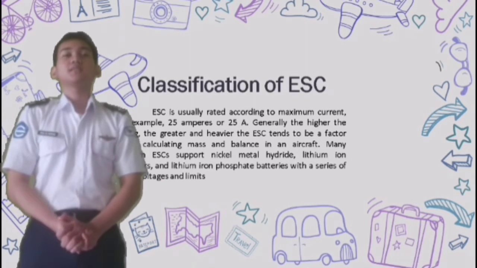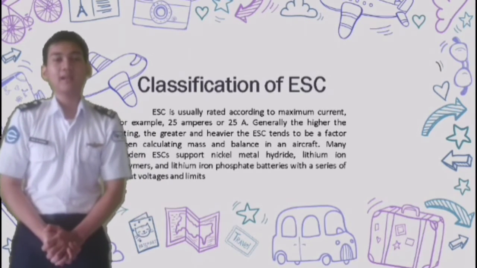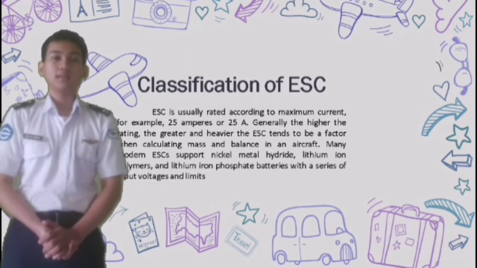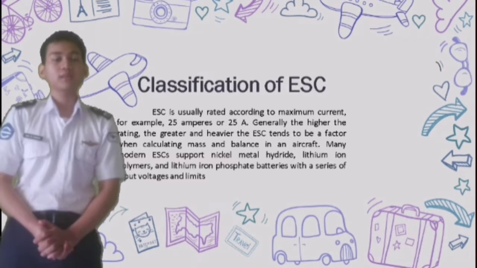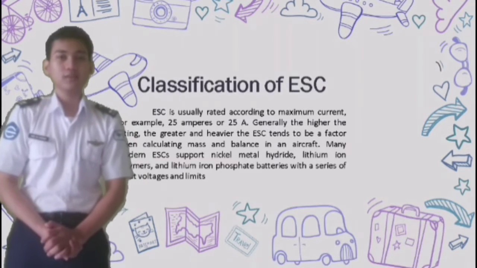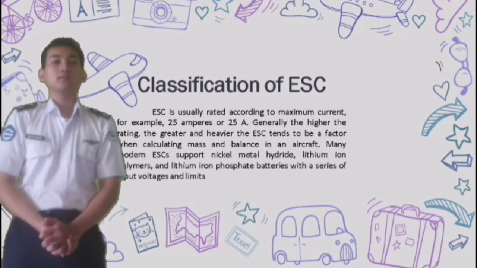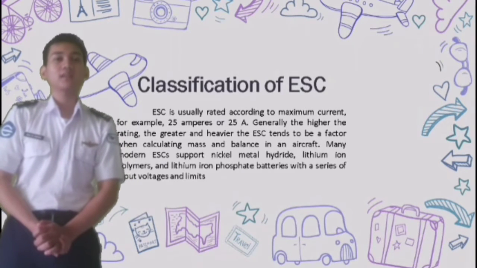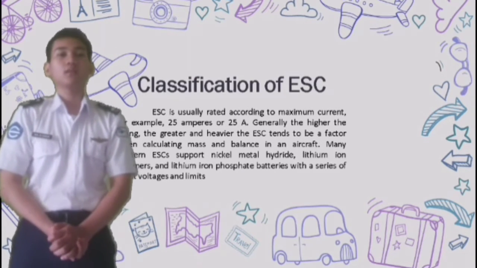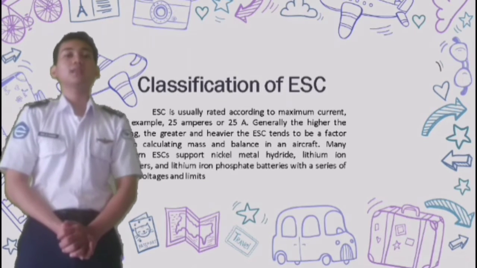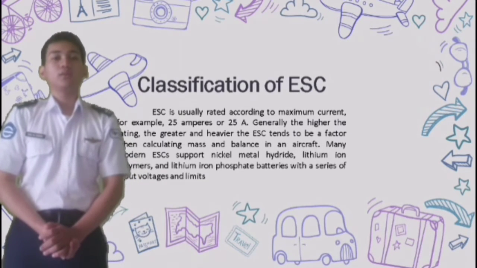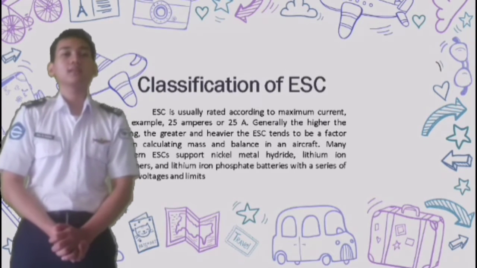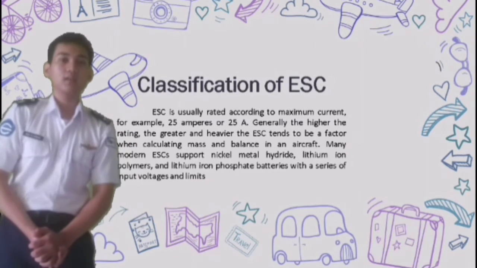Many modern ESC support nickel metal hydride, lithium-ion polymers, and lithium iron phosphate batteries with a series of input voltage and limits. The type of battery and the number of cells connected are important considerations when using a battery eliminator circuit, whether installed on the controller or as a standalone unit.